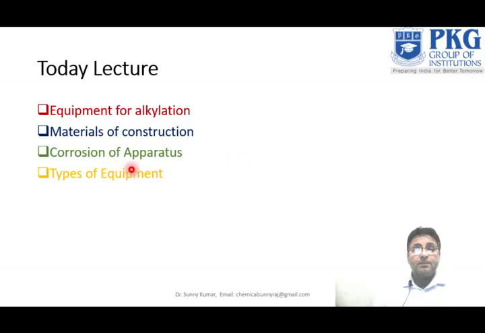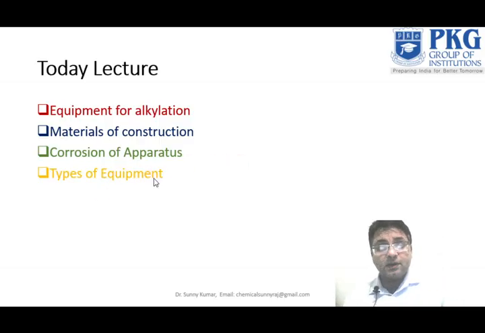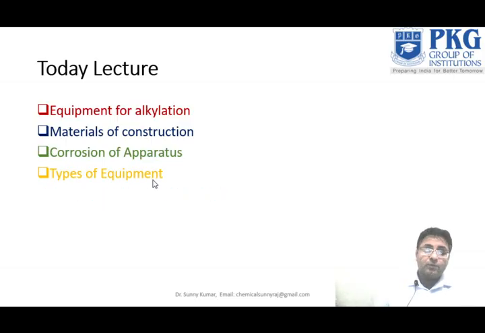So, the types of equipment, what different types of equipment we are using, and where the corrosion generally happens, what intermediate products we are generating, or what different catalysts we are using during this alkylation. These are the parameters that generally affect corrosion of the apparatus.